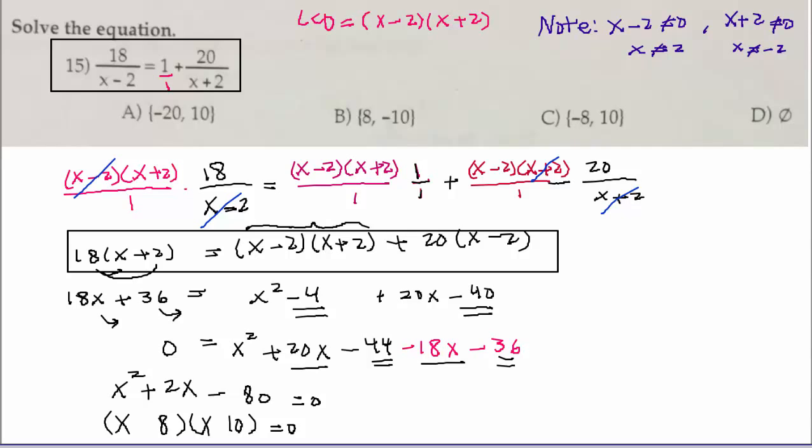So I want to have plus 10 minus 8, so I would get plus 2, and the product of minus 8 and plus 10 is indeed negative 80. So there we have it. X minus 8 is equal to 0. So what is x equal to? 8. Or x plus 10 is equal to 0 means x is equal to negative 10.